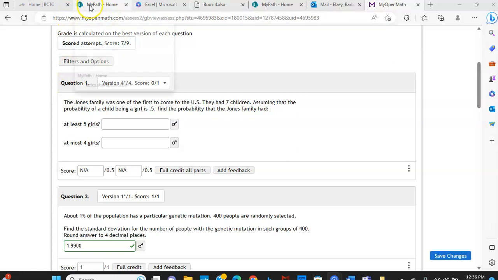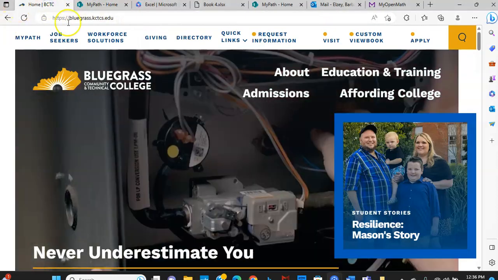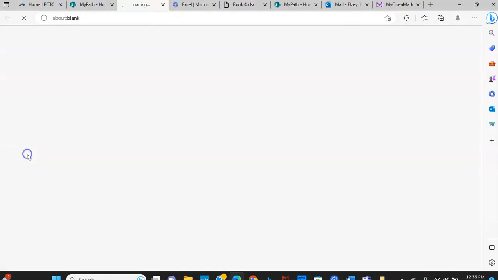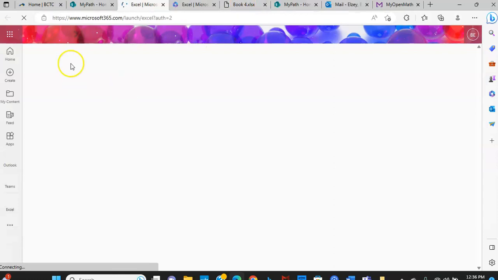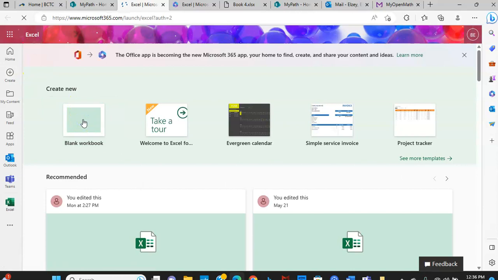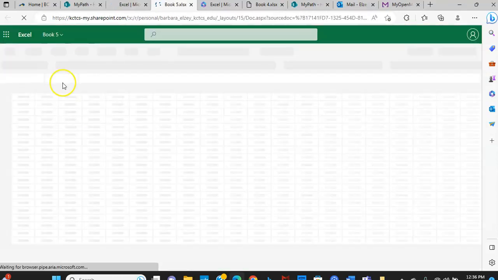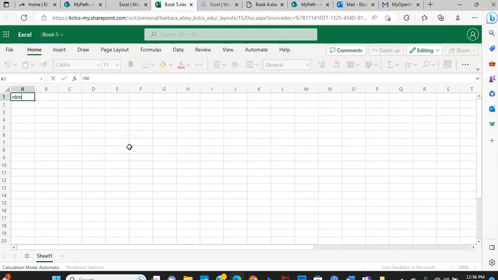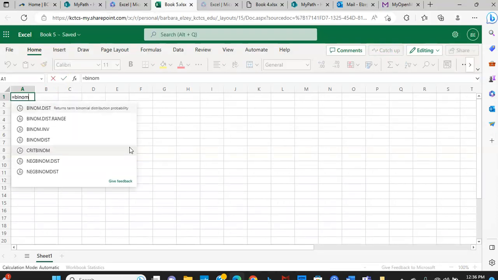Okay, so let me go ahead and open Excel. Oh, actually, I had it open over here and didn't realize. Okay, and we'll open a blank workbook here. And we're going to use the command equal binom.